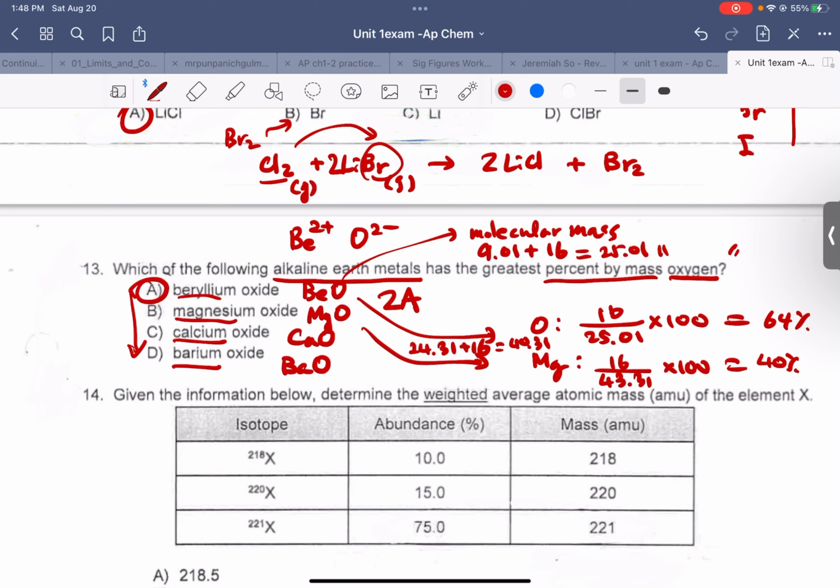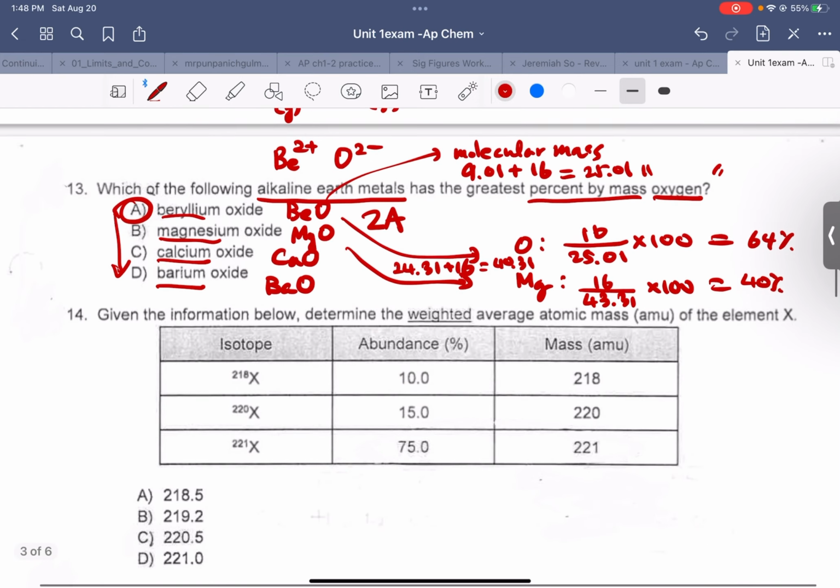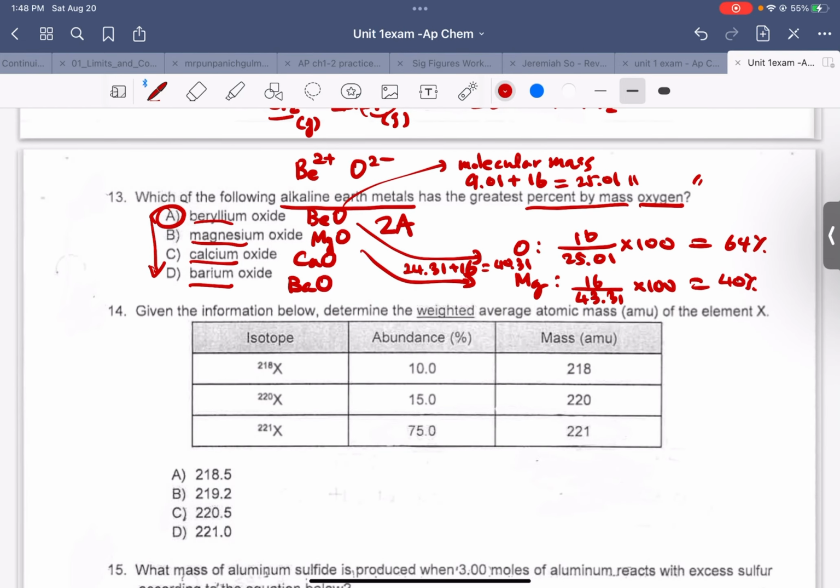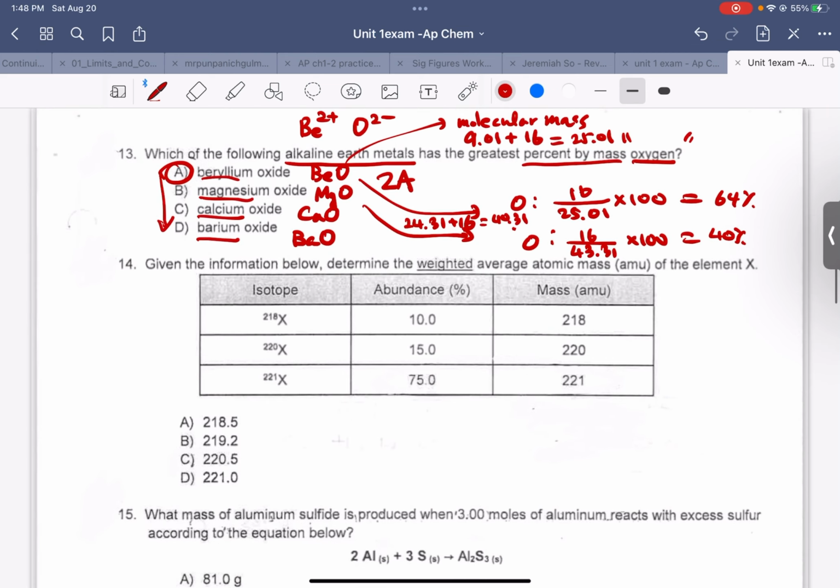So the answer should be A. You can just do the rest of it and compare, and whichever has the greatest percent mass oxygen is the one you get. This one is also O, oxygen, in the second one. That's what I'm saying.